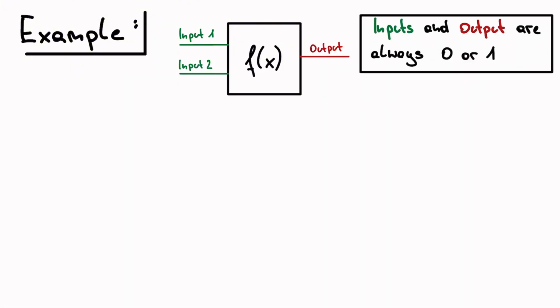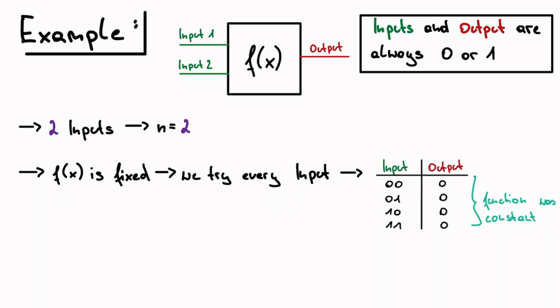In this case, we are working with 2 inputs, so again, n equals 2. That gives us 4 possible combinations: 0,0, 0,1, 1,0, and 1,1. Now we activate the black box, meaning it randomly selects one of the 3 possible functions, either always 0 or always 1 or balanced, meaning 50% 0, 50% 1.